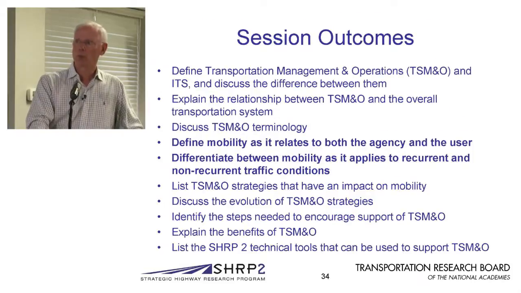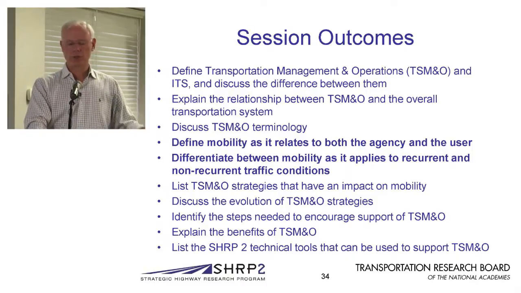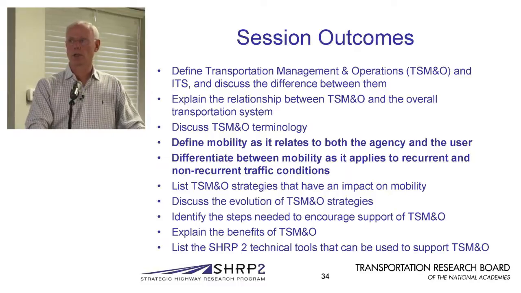We're still defining things, but now we're going to broaden back out a little bit and look at the definition of mobility and how it pertains to agencies and users, and then get into the discussion I've been alluding to all along related to recurrent and non-recurrent conditions.